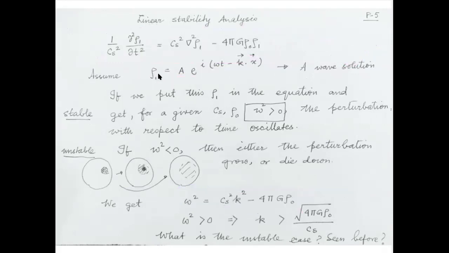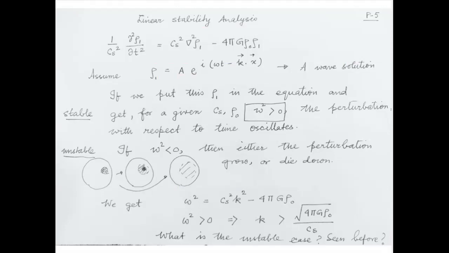And for those, I got from the fluid equations the equation for the perturbation, and that requires you to use the fact that it's a three-dimensional system. And then I use this harmonic perturbation form to get the dispersion relation. I asked the question in the dispersion relation: where is omega square greater than 0? What is the condition that omega square is greater than 0? And that gives me the stability criterion.